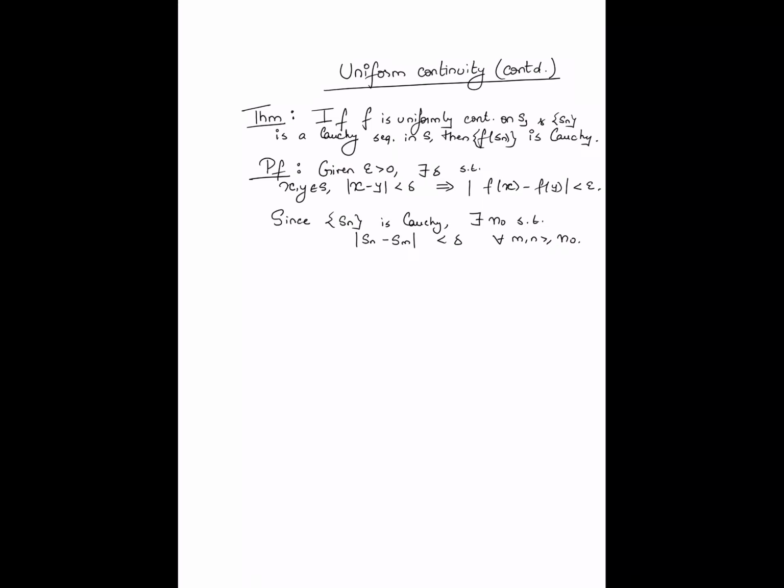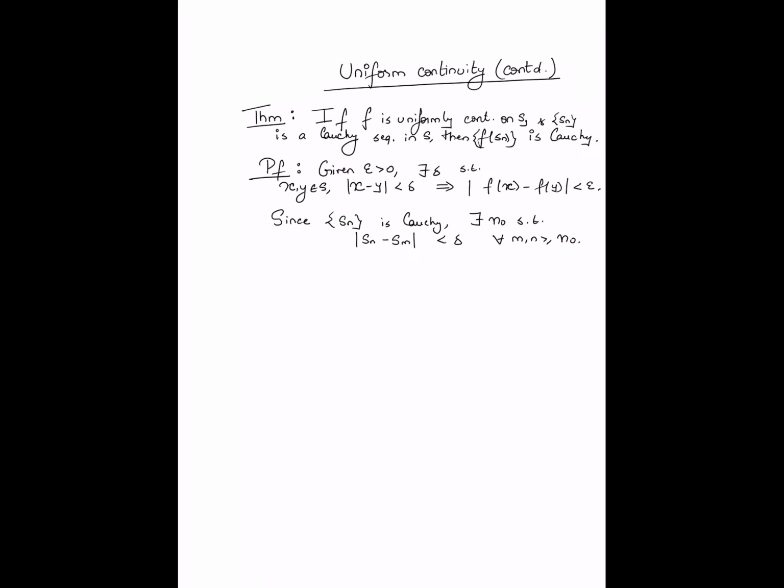The uniform continuity tells you that there exists a delta such that so long as x and y are within delta distance of one another, f of x and f of y are at most epsilon distance from one another. Then you say that for that particular delta that you got, the Cauchiness of Sn implies that beyond a certain point, let's call it n naught, any two elements of this Sn sequence are at most delta apart.